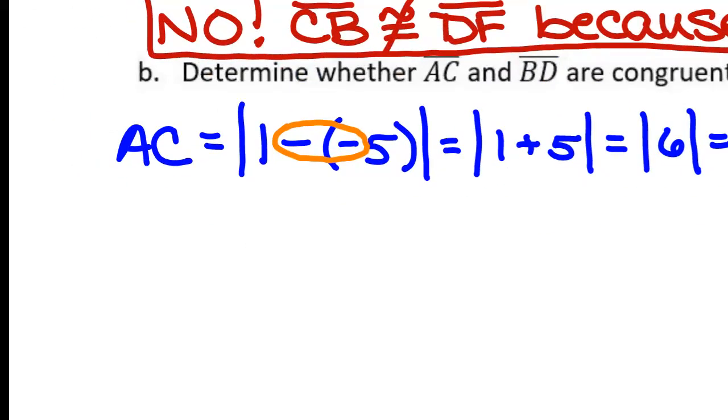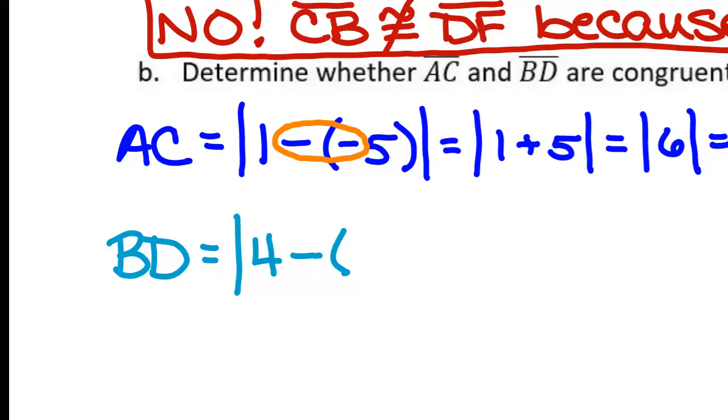So from B to D, we do x2 minus x1. So I have 4 minus what? 4 minus -1, yes.